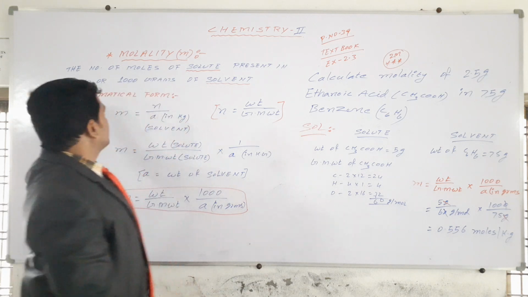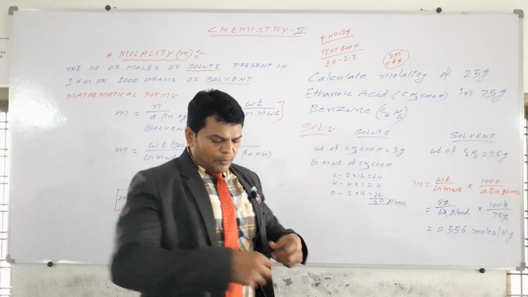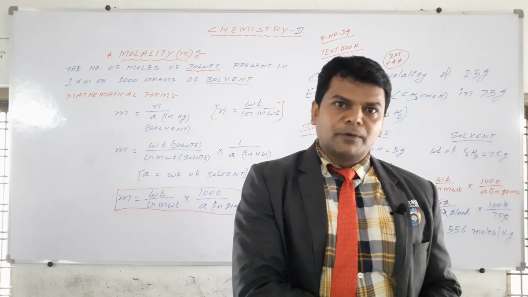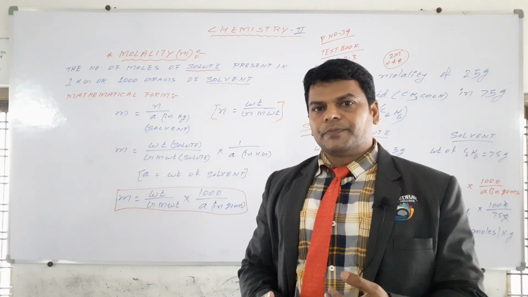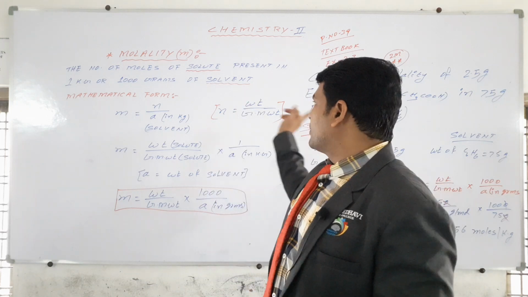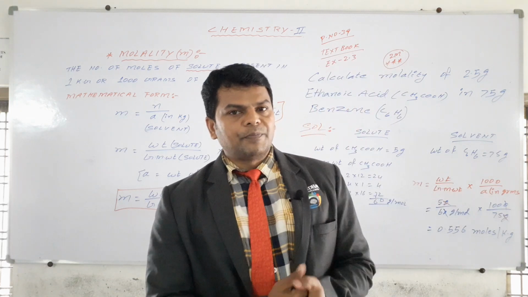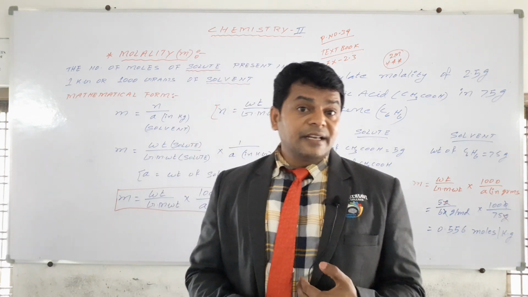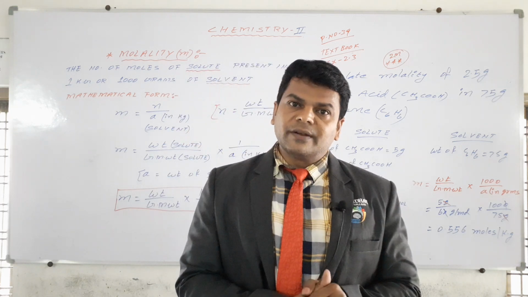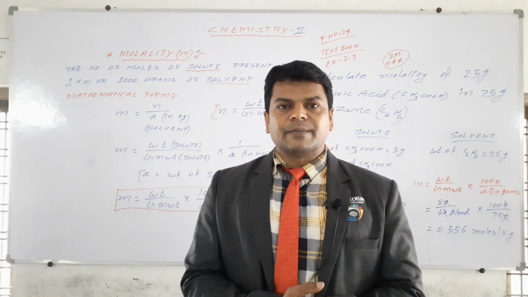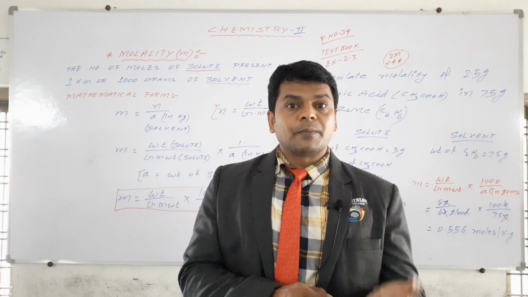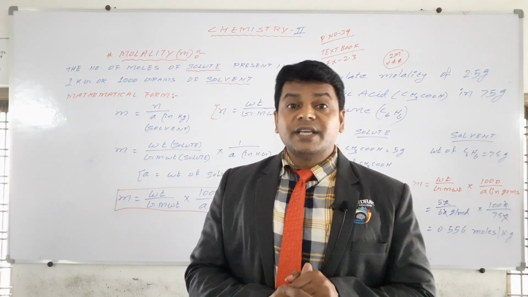Today we discussed these topics: molarity, one concentration method, with a problem, and molality, one more concentration method, with a problem. Molarity means number of moles present in 1 liter of the solution. Molality means number of moles of solute present in 1 kg of the solvent.